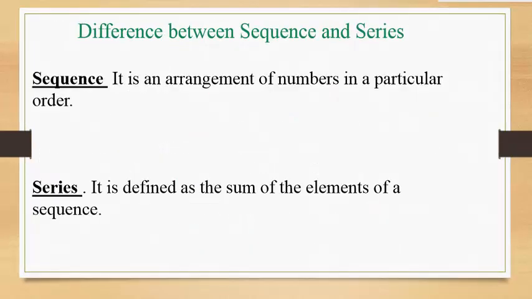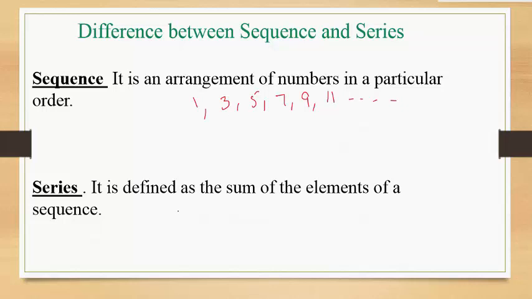Now, what is the difference between sequence and series? Sequence is arrangement of numbers in a particular order. Like if I have an order like this, 1, 3, 5, 7, 9, 11, you can say this is a sequence of odd numbers.